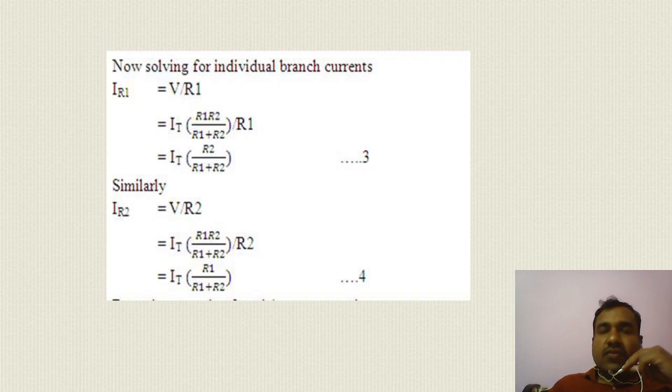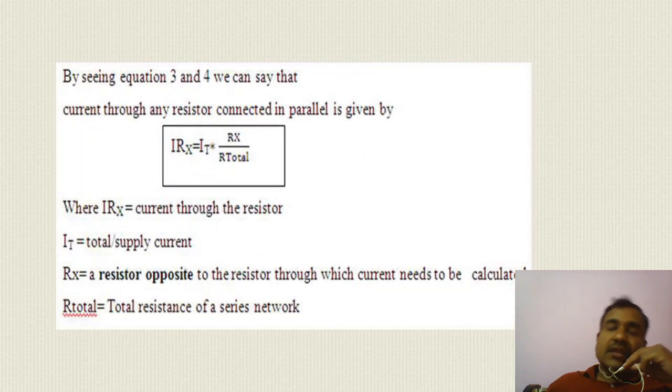Similarly, equation number 4 is the current through resistance R2 is equal to IT into R1. So for R2 I am getting R1. That's what the current division rule says.